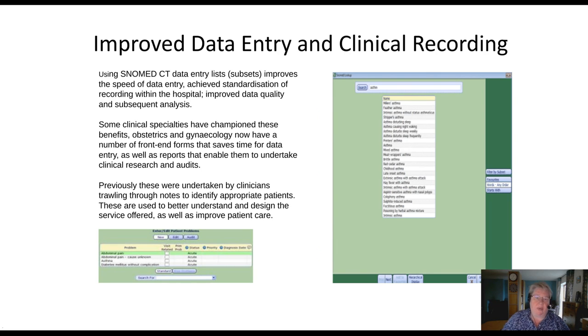That, of course, helps in terms of improved data entry and clinical recording. And you can see on this slide some of the lookups. And the extension of the implementation of SNOMED across Yorkshire and Humber and also nationally really improves what we're trying to do to tackle those highways on the high seas and make sure that we reach our goal.